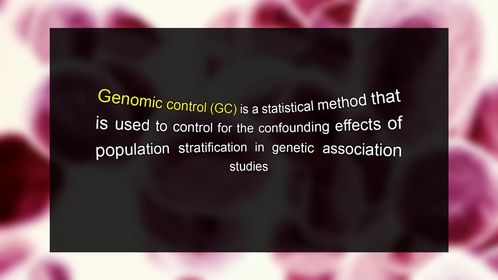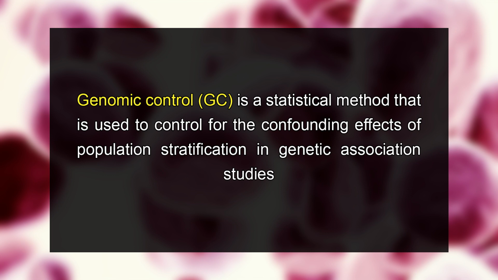Genomic control is a statistical method that is used to control for the confounding effects of population stratification in genetic association studies. The method was originally outlined by Bernie Devlin and Kathryn Roeder in 1999.